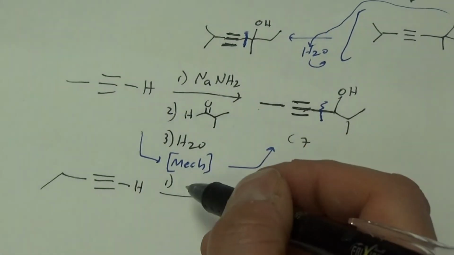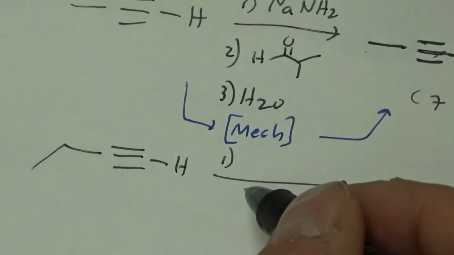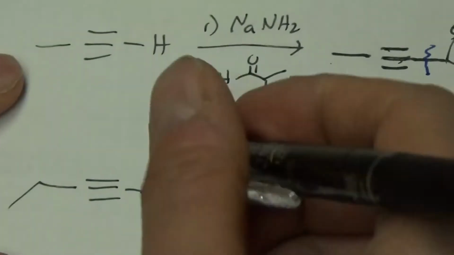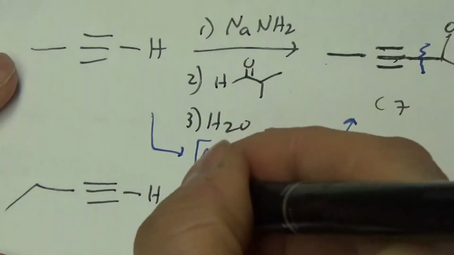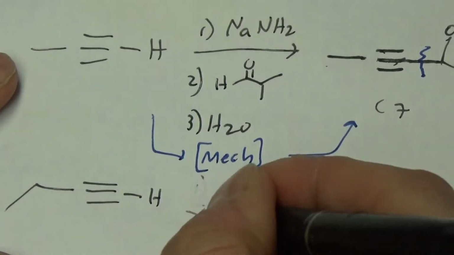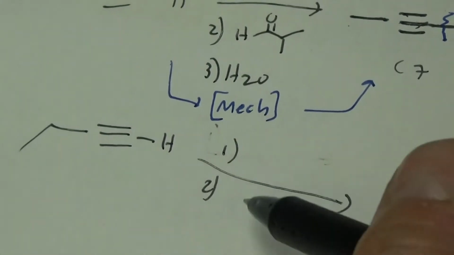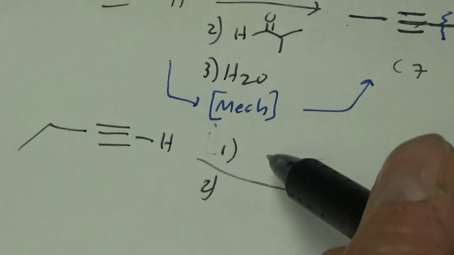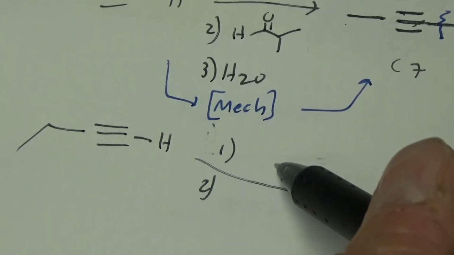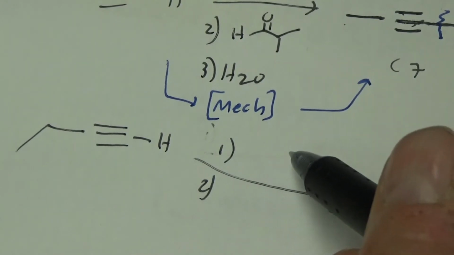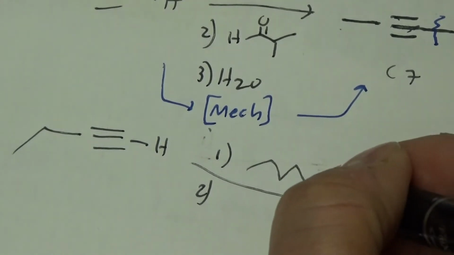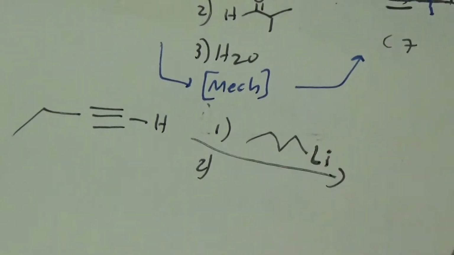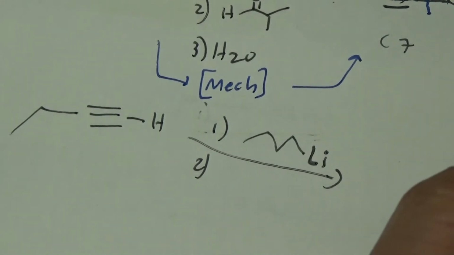Right now, you know 2 bases, right? What are the 2 bases we're using for alkynes? Butyl lithium, 4 carbons lithium, or NaNH2. So we can take our pick. I'll go back to butyl lithium. Not much of a difference in terms of the applicability of those.